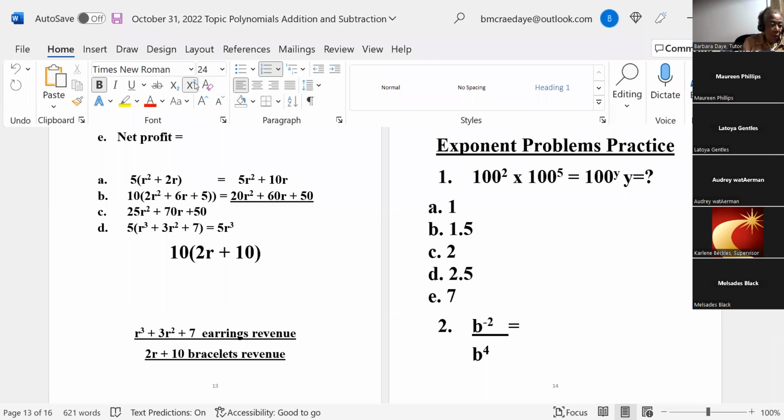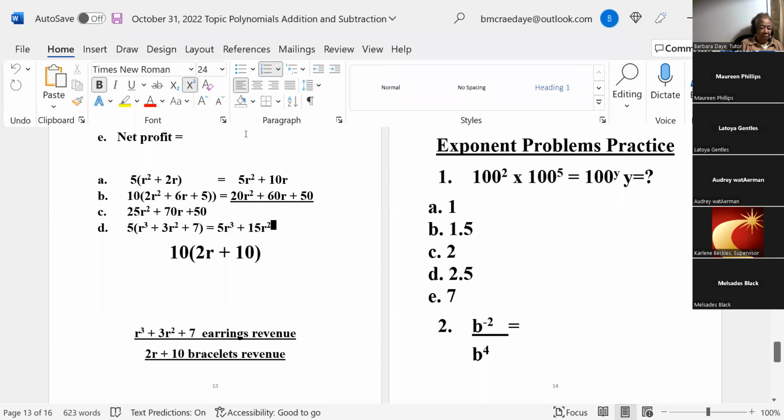All right. Now, 5 times 3R to the second, Maureen, what is that equal to? 15R to the second. That's it, 15R to the second. Very good. So let's put our power on there.